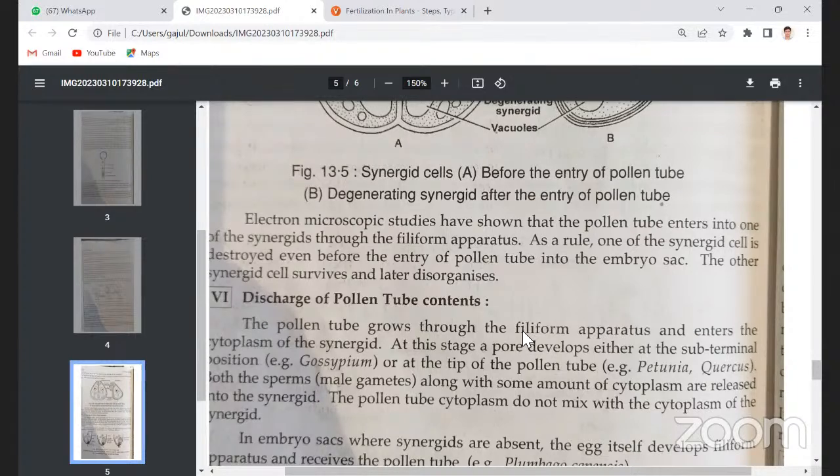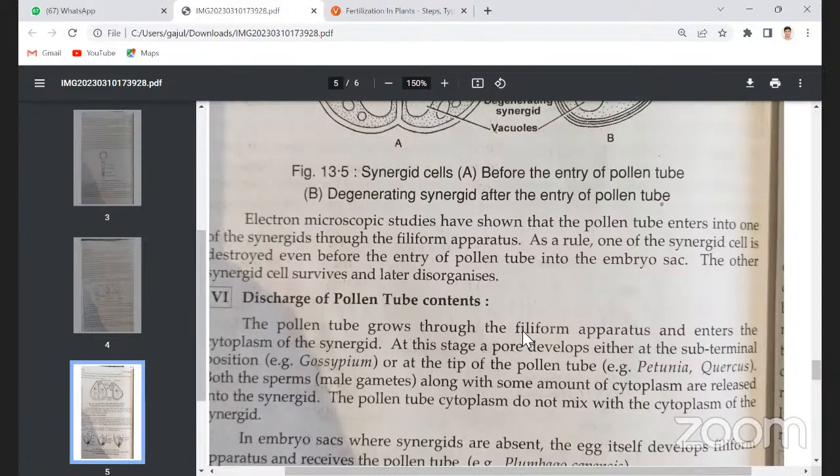As a rule, one of the synergid cells is destroyed even before the entry of the pollen tube into the embryo sac. The other synergid cell survives and later disorganizes. This is the entry of the pollen tube into the embryo sac.